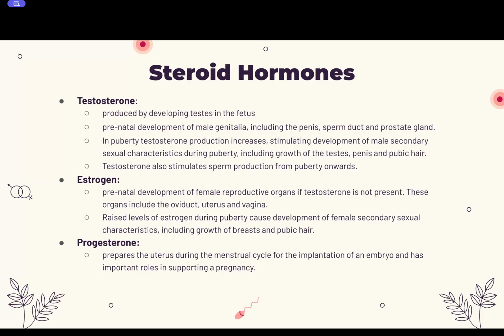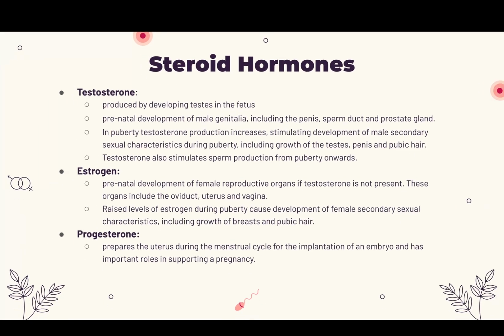The raised levels of estrogen during puberty also cause development of female secondary sexual characteristics, including growth of breasts and pubic hair. And of course, estrogen also plays a crucial part in the entire menstrual cycle. Progesterone prepares the uterus during the menstrual cycle for the implantation of an embryo. It basically allows for the thickening of the endometrium, and it also has important roles in supporting a pregnancy.